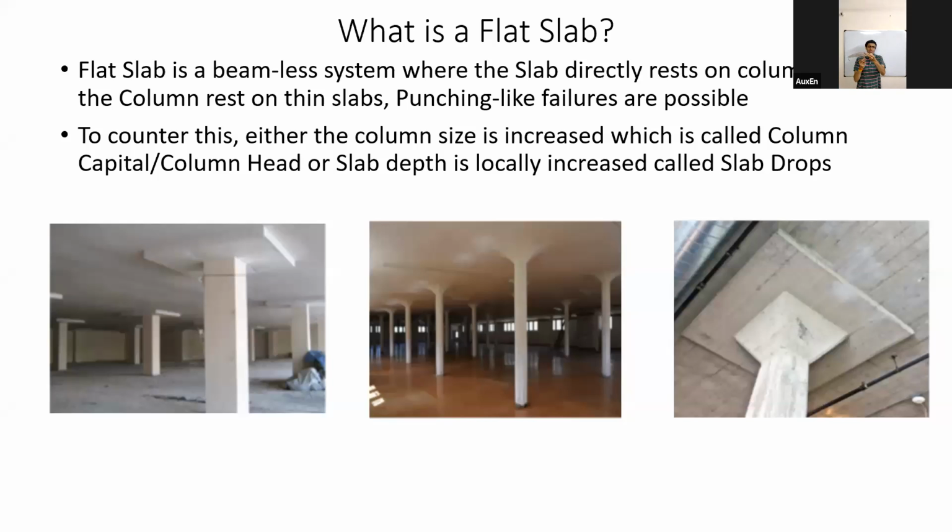This is leading to this effect where my slab is getting punched through by the column. This effect is called punching. So if somebody asks me what is my biggest cause of concern in case of a flat slab, the biggest cause of concern is the punching effect.